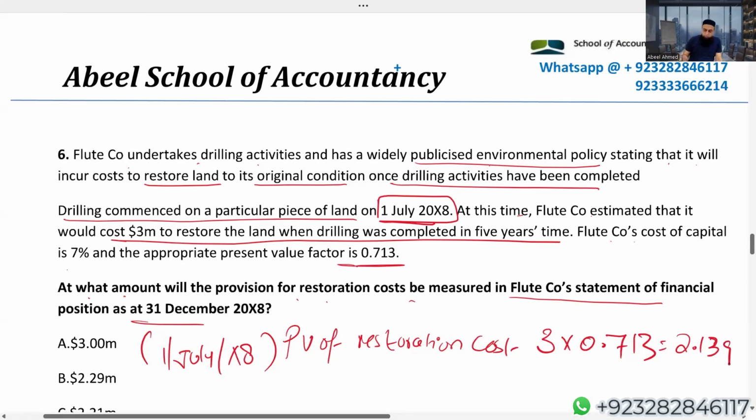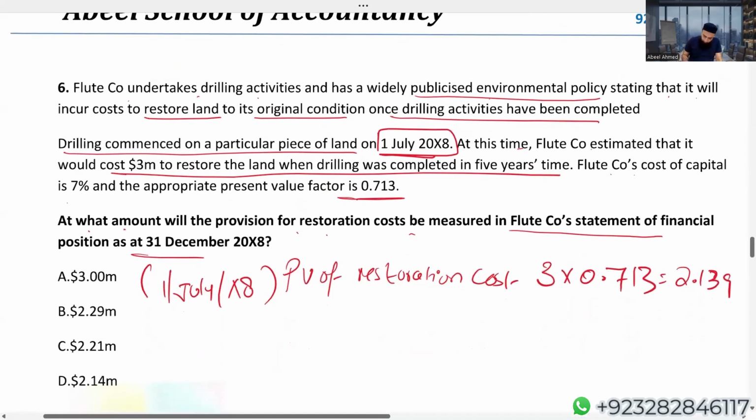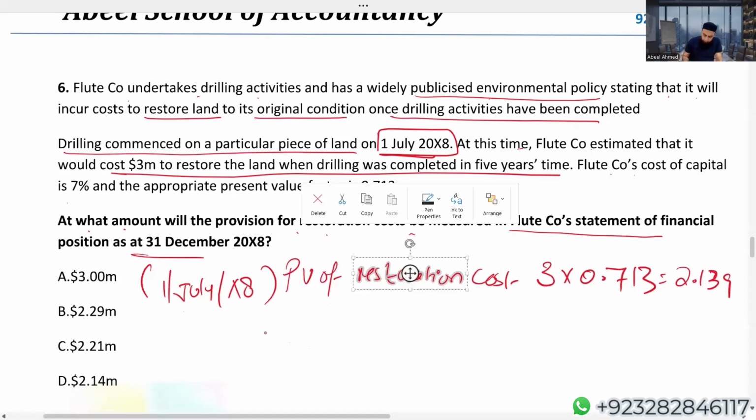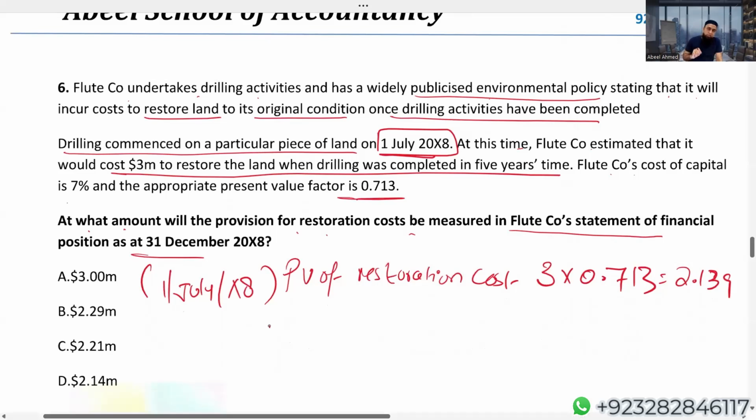Now student, listen. We have calculated the present value of the restoration cost exactly mid of there. So from 1st July X8 till December X8, the time period is 6 months. So unwinding of discount will come, but only for 6 months, which means that previously in question 5, unwinding of discount was for the 12 months, but here it is only 6 months, because from 1st July X8 till December X8, it is a 6 months period.